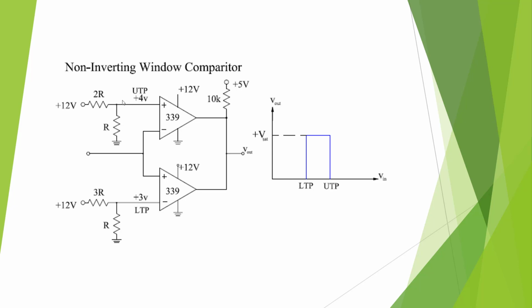We're always concerned about what goes to the ground, not the other way around. So here, this one's going to be 4 volts. This voltage divider, we have 3R and R, so we have 4R in there, so we have 3 volts here, and we have 9 volts here, so we have +3 volts.